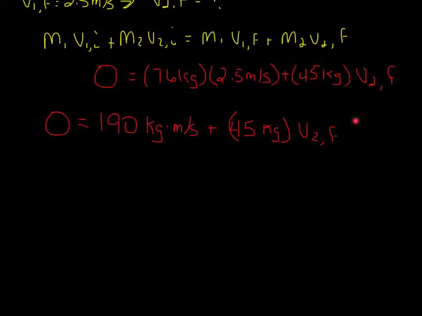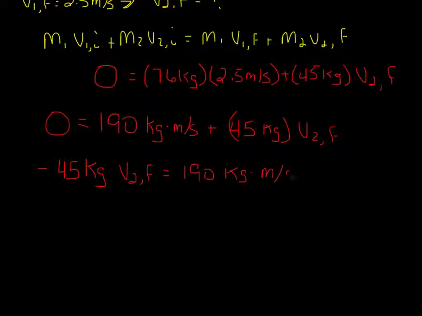So I'm going to subtract this value to the other side of my equation. So I end up with negative 45 kilograms V2 final equals 190 kilogram meters per second.